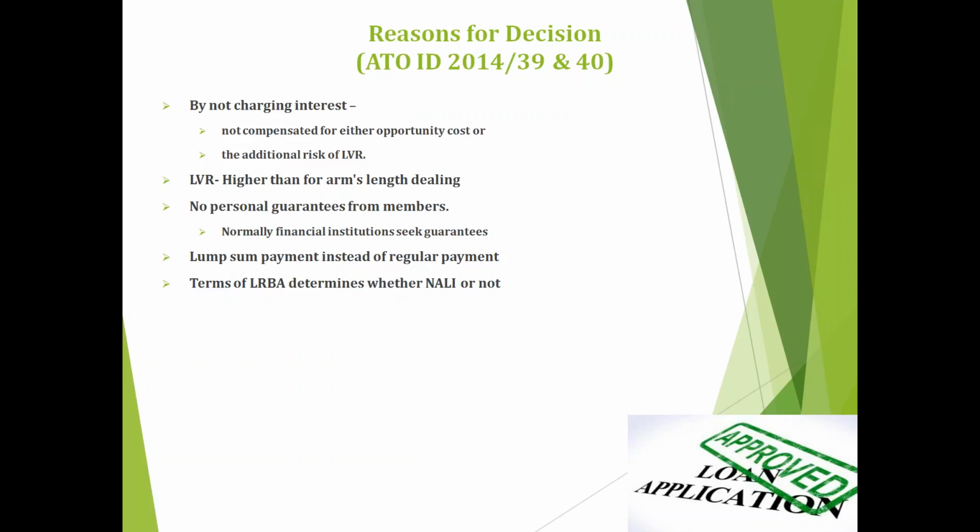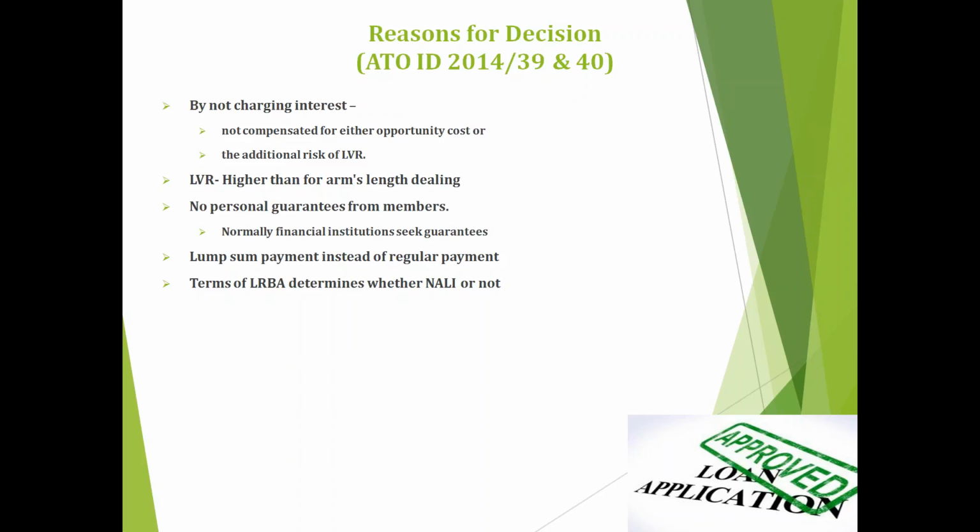For these reasons, it was concluded that NALI provisions would be invoked since the parties did not deal with each other at arm's length. In addition, the ATO was of the view that since no arm's length lender would have advanced money on those terms, no income would have been derived by the fund, and therefore all income was to be treated as NALI.